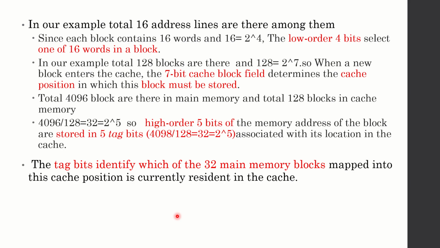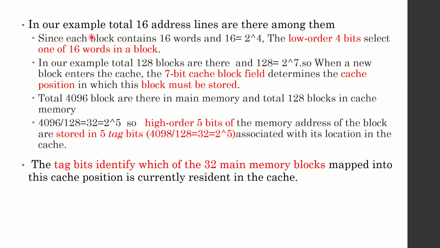This is the way to find out each value. The first part will give you the number of bits required for the word field, the next one will give you the number of bits used for the block field, and this part will give you the total number of bits in the tag field.